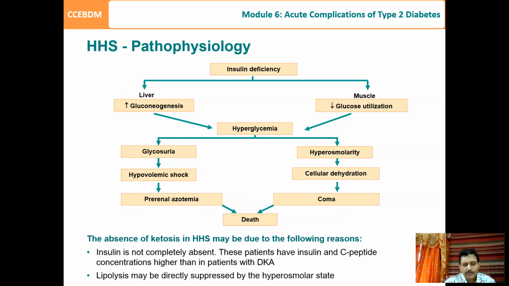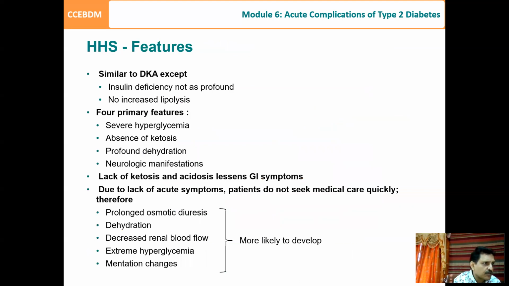Lipolysis is also inhibited because the insulin is not completely absent. Some amount of insulin is there in the body because it develops among patients who are type 2 diabetes. So some amount of insulin is there, and that prevents lipolysis and the development of the ketogenic process.